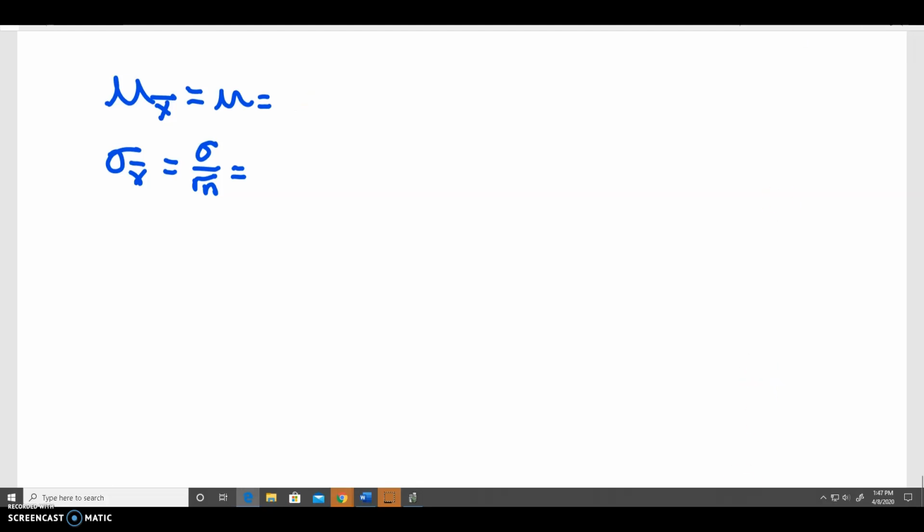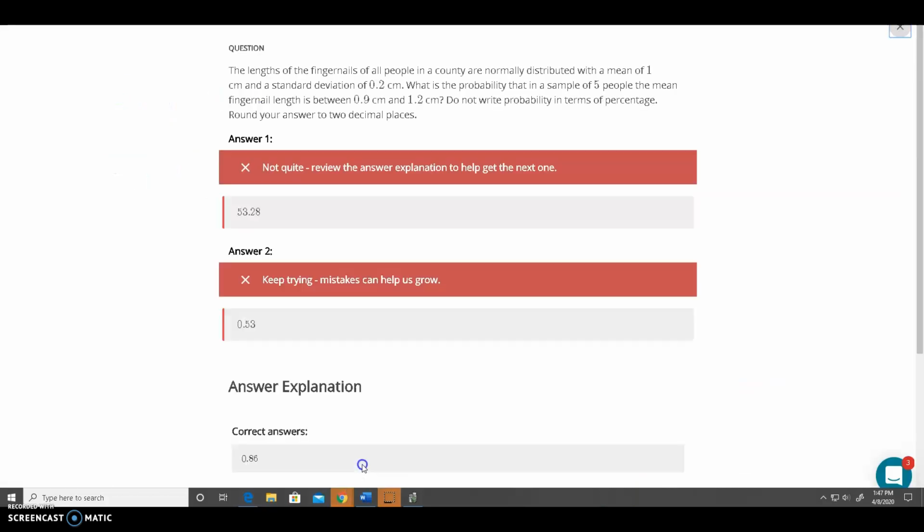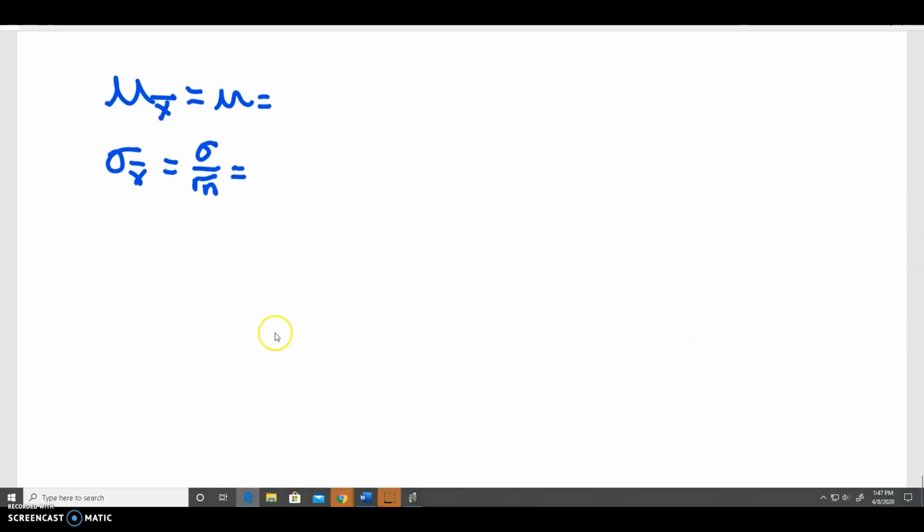We know in this problem the mean is 1, so mu is going to be equal to 1.